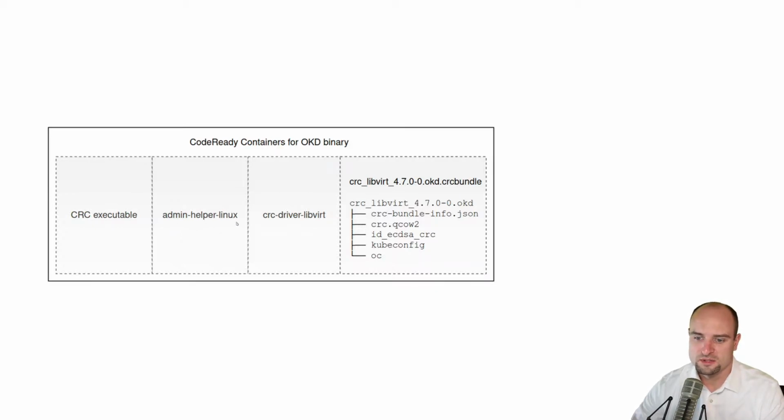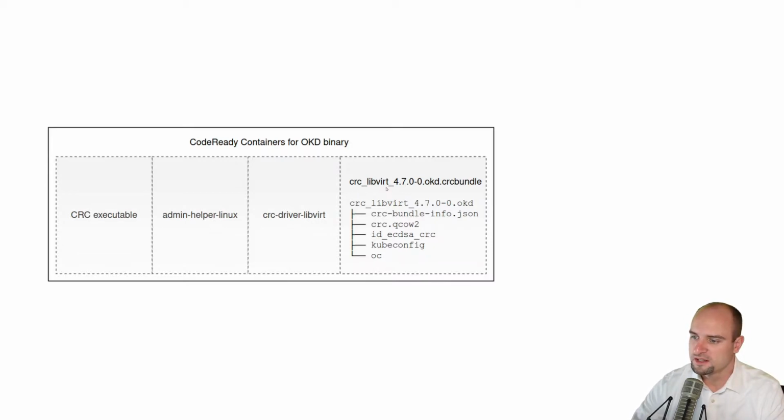This is a utility used by CodeReady Containers to, for example, edit your /etc/hosts file on the target Linux system where you are deploying. The third part is crc-driver-libvirt. This is a daemon which is running during the CodeReady Containers deployment. This daemon abstracts away the details of the target virtualization platform so that the CodeReady Containers core doesn't need to know exact details.